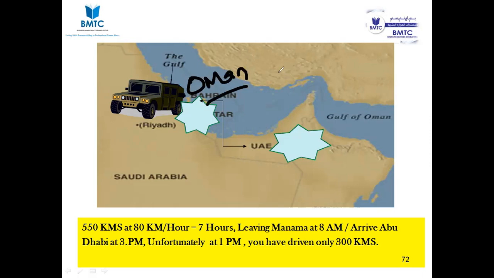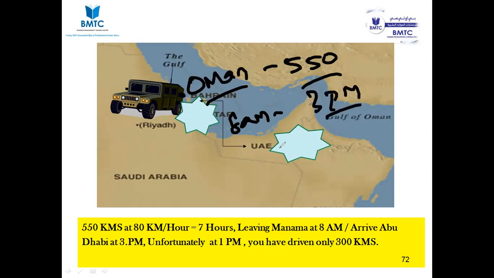The total distance you estimate is 550 kilometers. You start from your house at 8 a.m. and you want to reach Oman by 3 p.m. So how many kilometers per hour do you need to drive your car? 550 divided by 80 kilometers. What is the speed you need to drive to reach your destination?